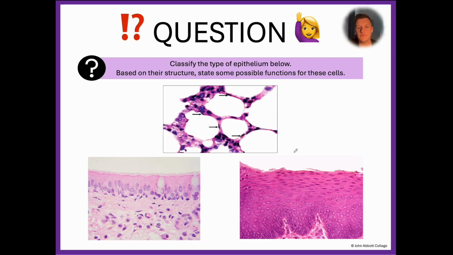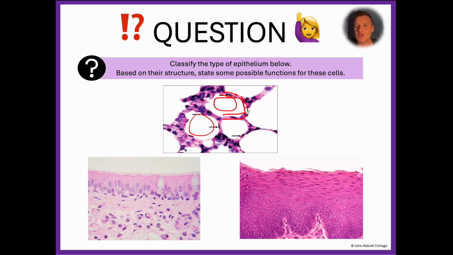Alrighty, so over here, what do we see? We see pockets. Remember, pockets means that maybe we've cut something in a three-dimensional structure and we're just looking at the 2D. So we see these pockets and these thin cells. It looks like one layer over here.